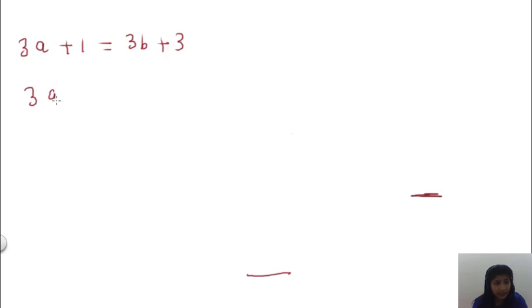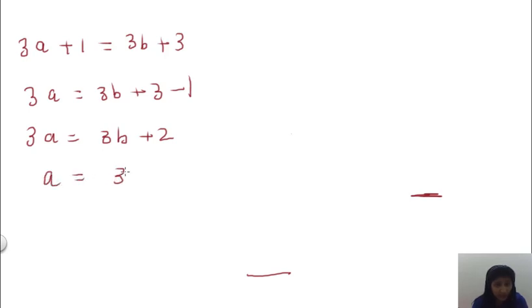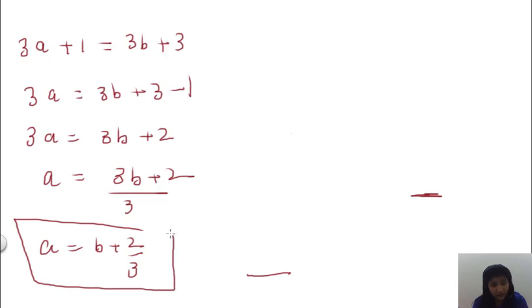Solving it, 3a is equal to 3b plus 3 minus 1. 3a is equal to 3b plus 2. Now, we have to find the relationship between a and b. So a will be (3b plus 2) upon 3, which can also be written as b plus 2 by 3. So the relationship between a and b is this if the function is continuous at 3.